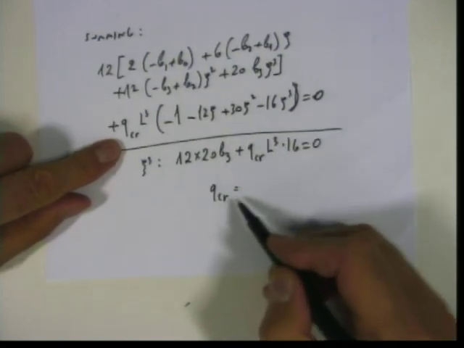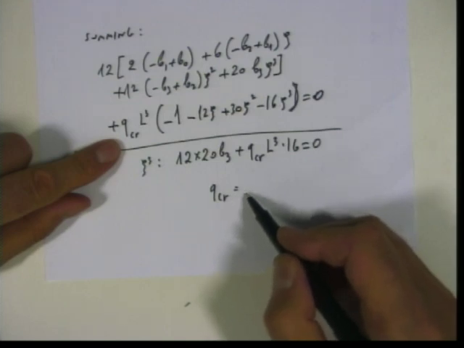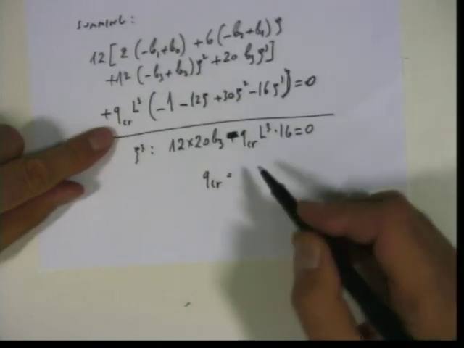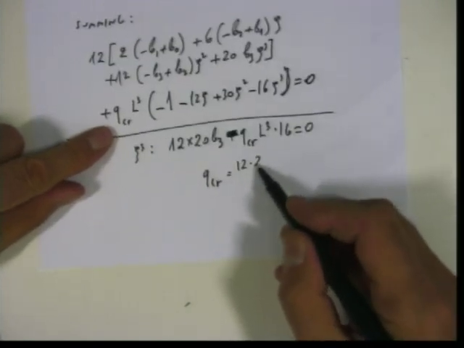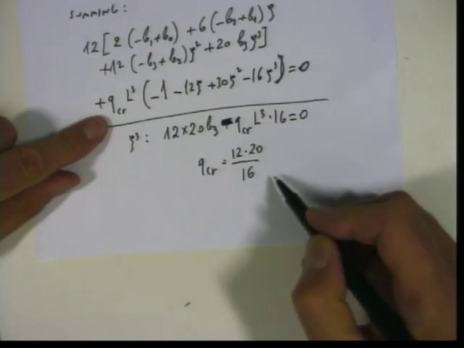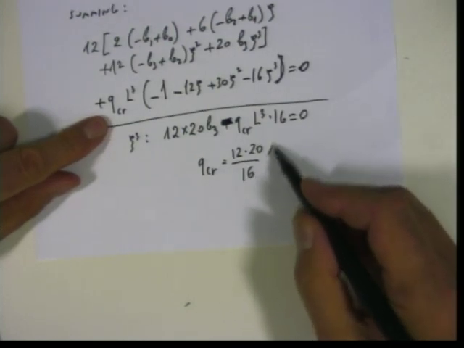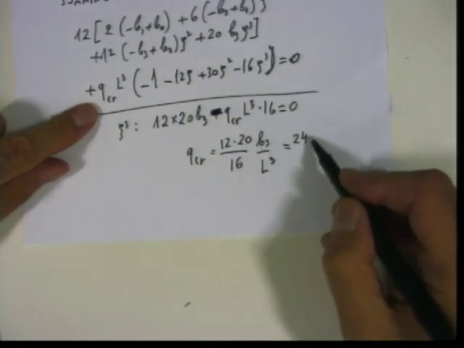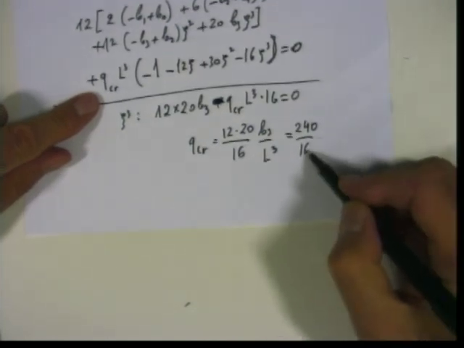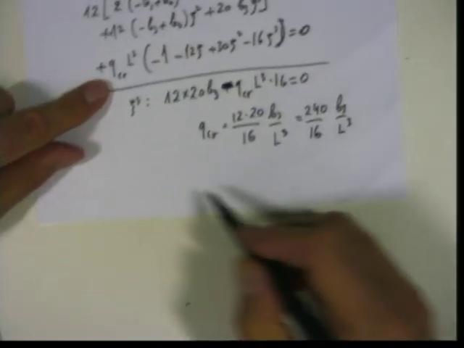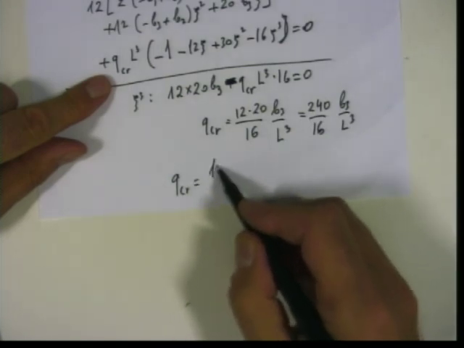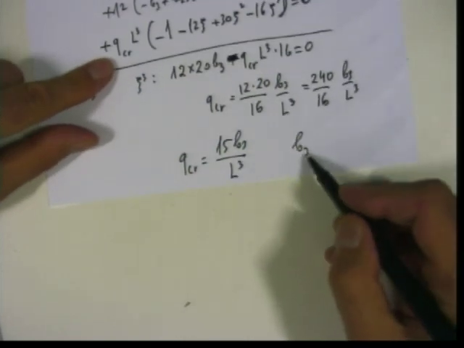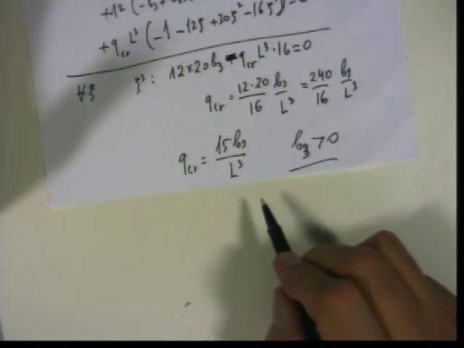So q critical equals, minus 16, q critical equals 12 times 20 divided by 16 b3 over L cubed. So that is 240 divided by 16 b3 over L cubed. So Q critical equals 15 b3 over L cubed. So b3 must be positive. There's no problem.